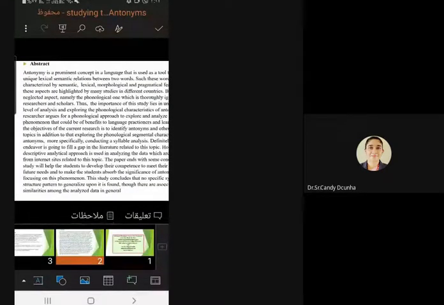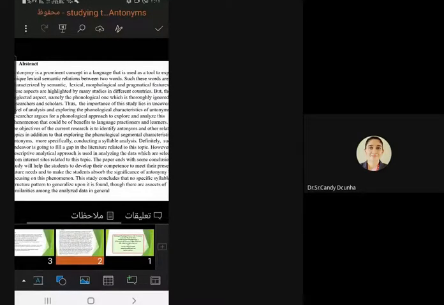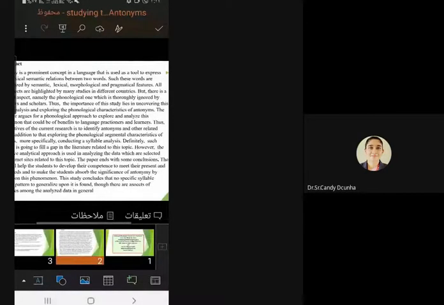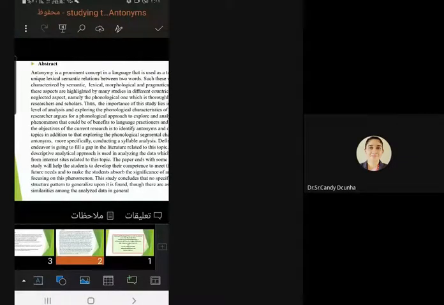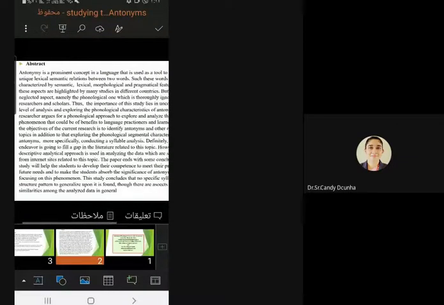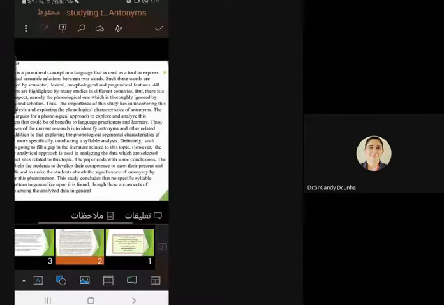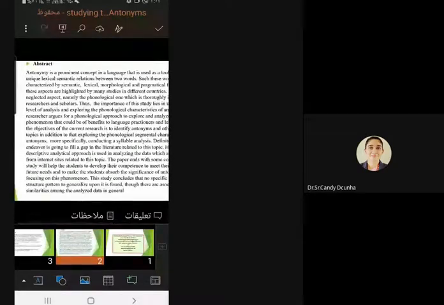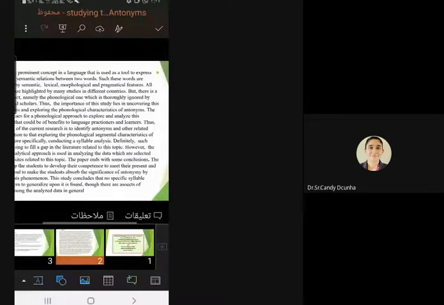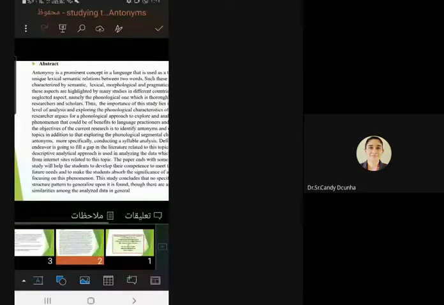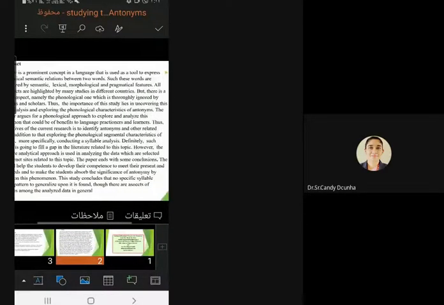All these aspects are highlighted by many studies in different countries, but there is a neglected aspect, namely the phonological one, which is thoroughly ignored by researchers and scholars. Thus, the importance of my study lies in uncovering this level of analysis and exploring the phonological characteristics of antonyms.